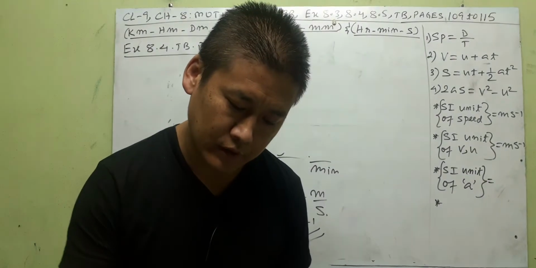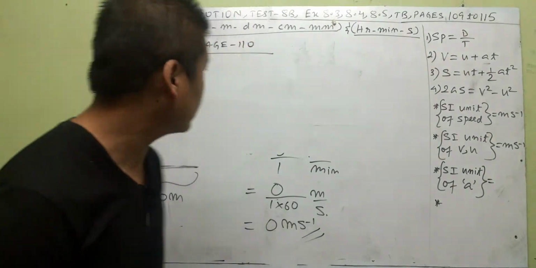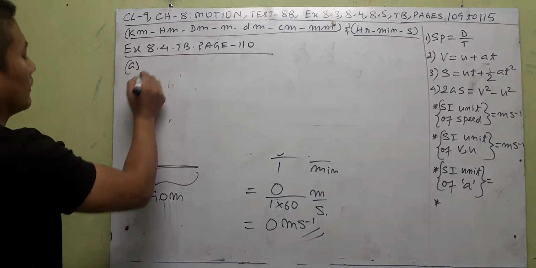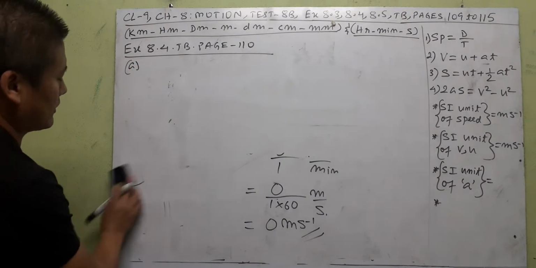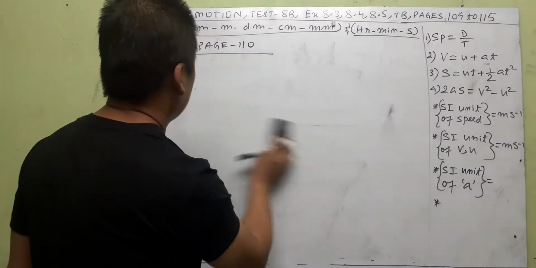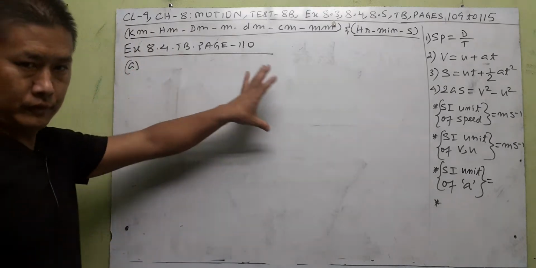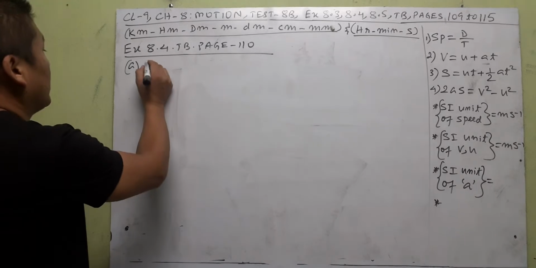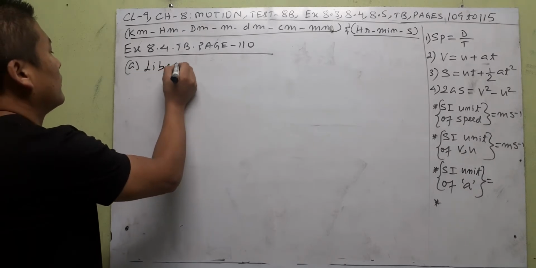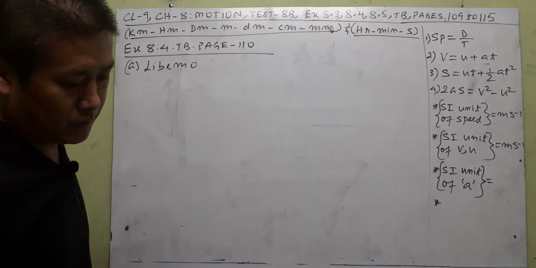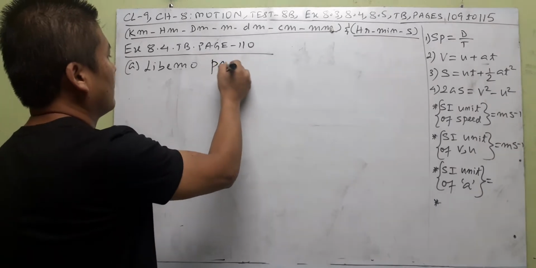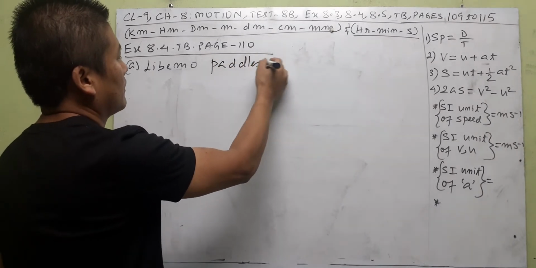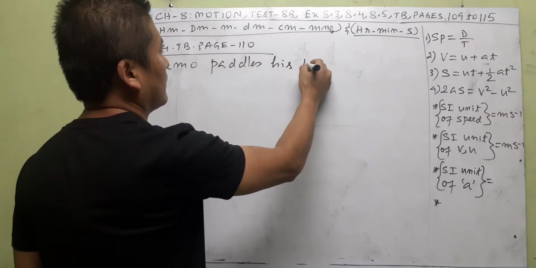It will have two parts here. Let's deal with part A first. We are modifying this question to suit our purpose of numerical. So let us say, I'll use a different name, Libemo paddles his bicycle.